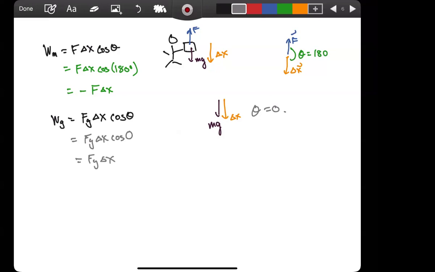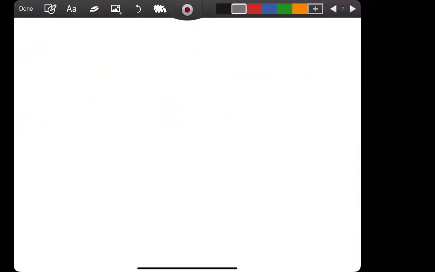So the gravitational force is doing positive work in this particular scenario. This basically brings me to observation number 3, which is that work can be positive or work can be negative.